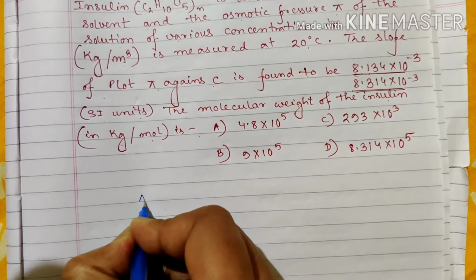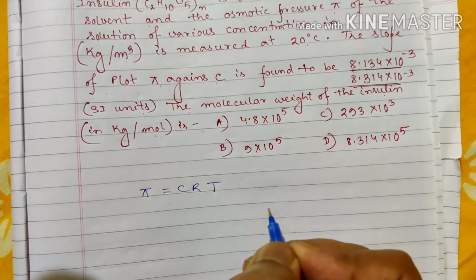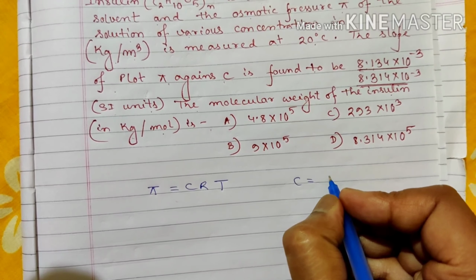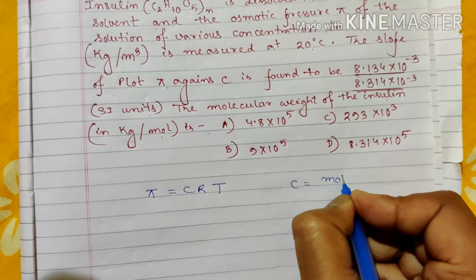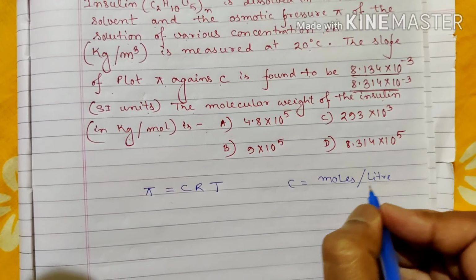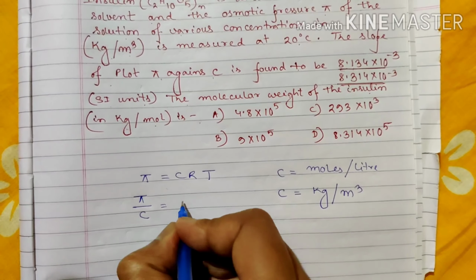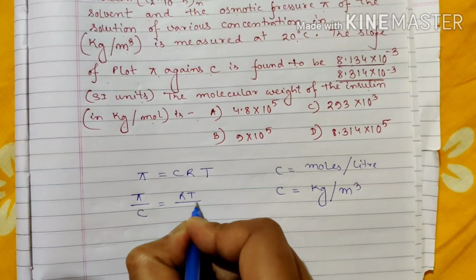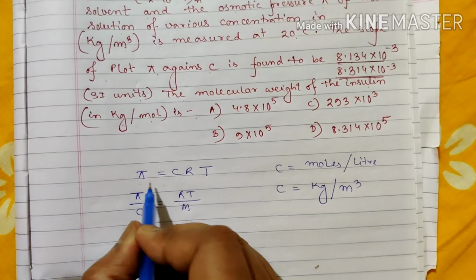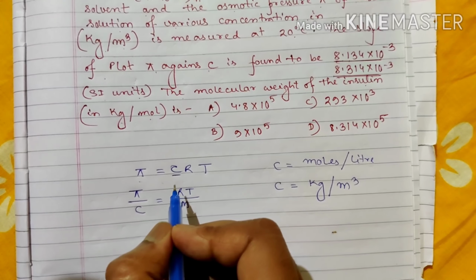Since we know that for osmotic pressure, pi is equal to CRT, and C is moles per liter, we can write pi by C is equal to RT by M. How can we write like that? Remember, this capital C is the concentration.